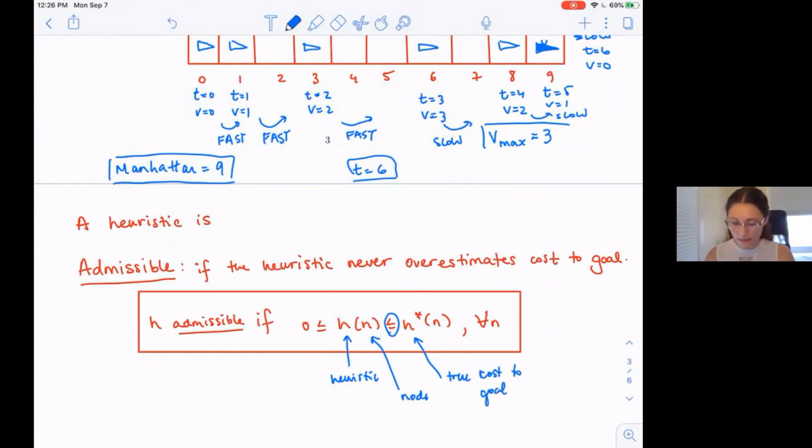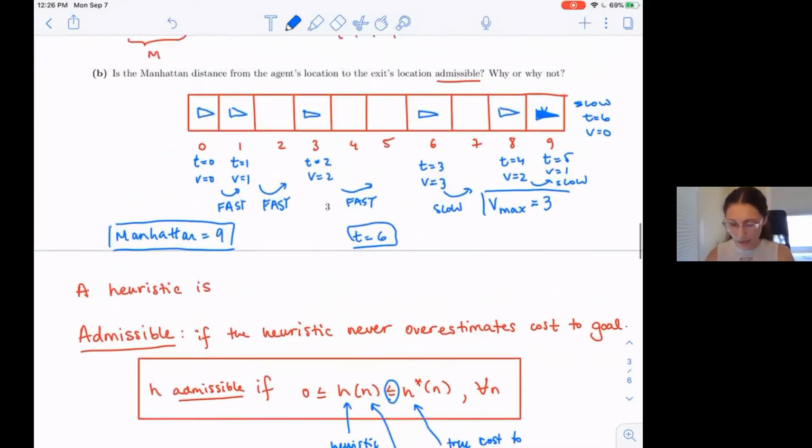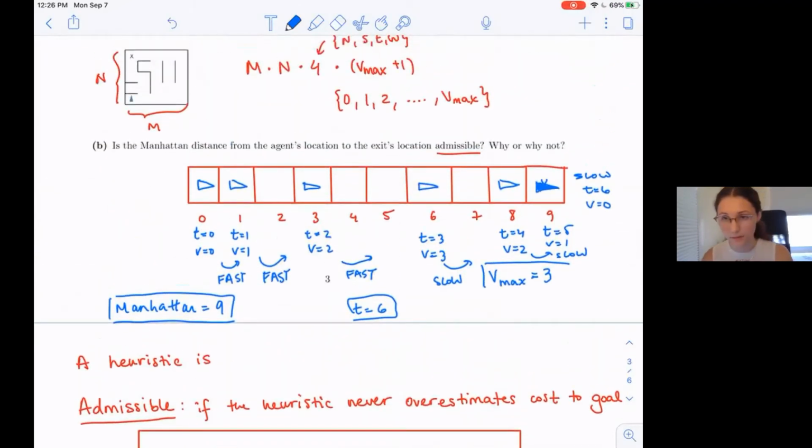That means that in our example, it actually took us 6 time steps to get to the goal, so for Manhattan distance to be admissible, it needs to be less than or equal to 6. Unfortunately, we see that 9 is greater than 6, and so this means that Manhattan distance is not admissible because it's overestimating the cost to the goal.